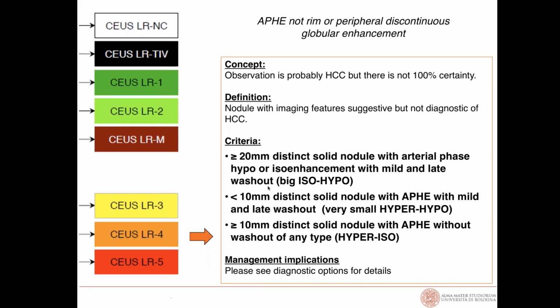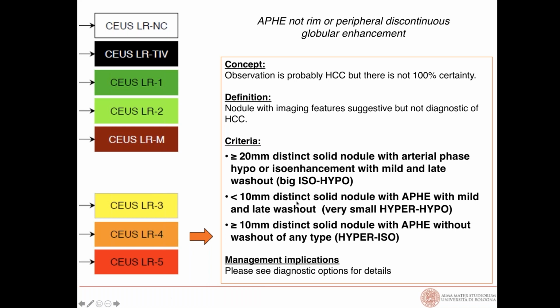And we classify as LR4 lesions that are more than 20 millimeters without arterial phase hyperenhancement, that we know is very suggestive of hepatocellular carcinoma, but with mild and late washout. So the risk of HCC is very high if they are more than 2 centimeters. Otherwise, they are LR3.